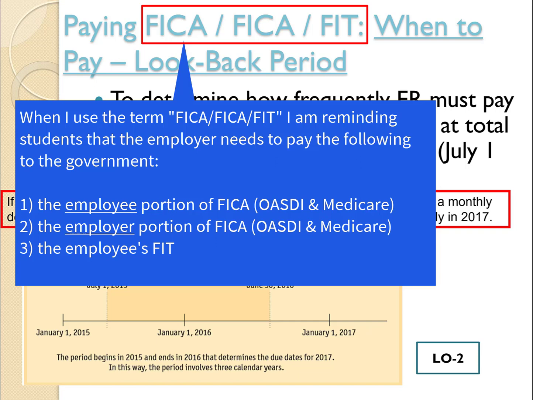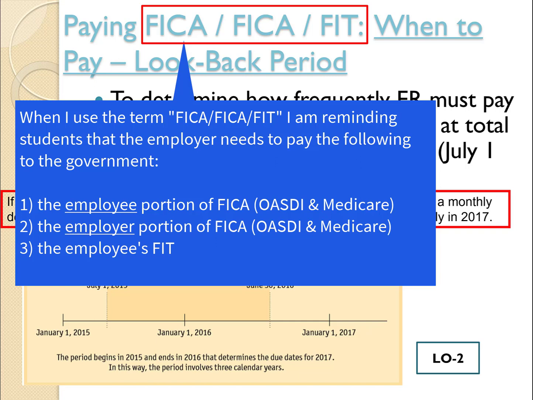So I say FICA twice, not because there are two FICA taxes, OASDI and Medicare, but to remind students that when the employer pays Medicare, OASDI, and federal income tax, they have to pay the employee portion of FICA and the employer portion of FICA, because a lot of students forget about paying both parts.